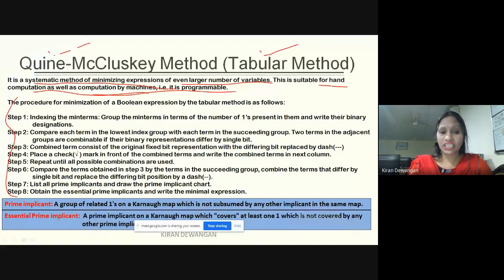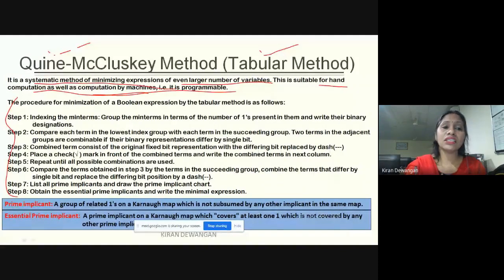So we can even design it in our system so that we can get the minimal expression out of any particular expression of 5 variables, 6 variables, or more variables. We will easily get the minimal expressions, and that can be programmed easily. Okay, so that is the basic advantage of the Quine-McCluskey method over the K-map method.